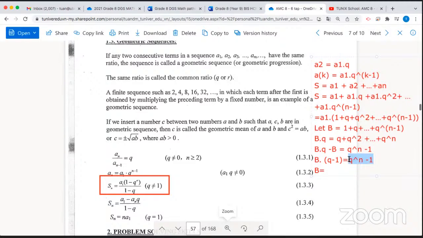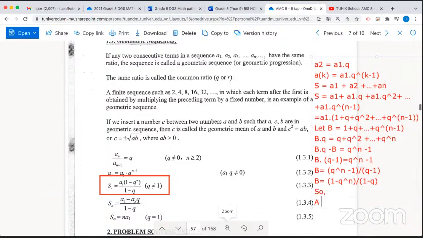You got it? B times (Q minus 1) equals Q to the power of N minus 1, right? Yes, my bad.